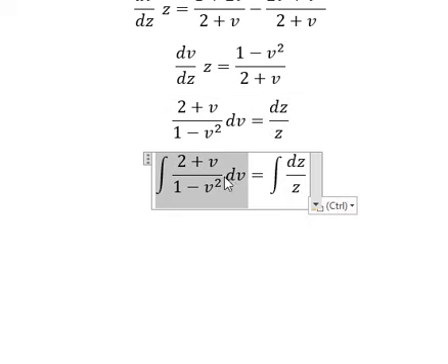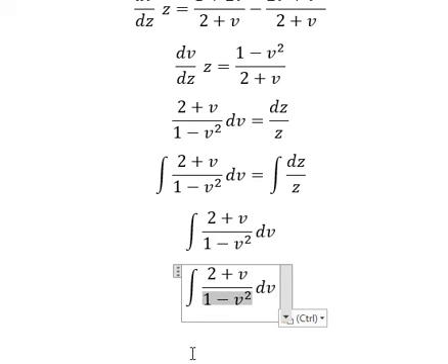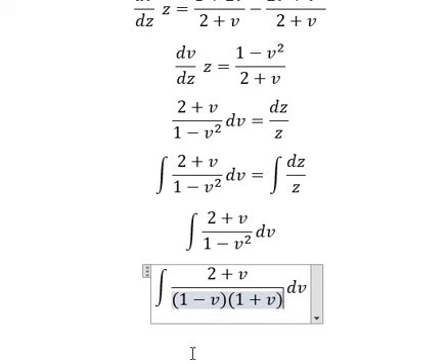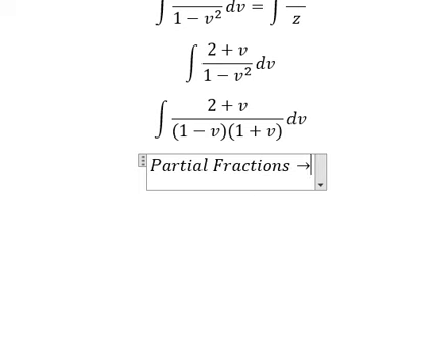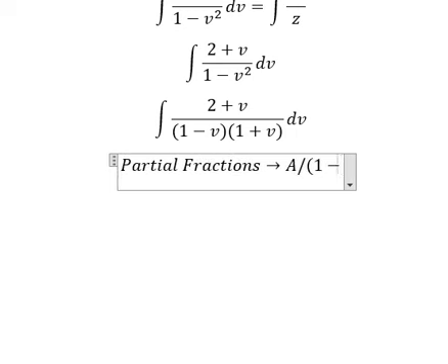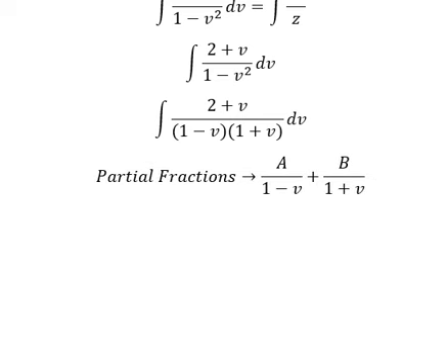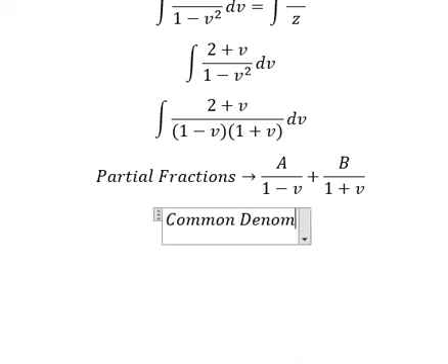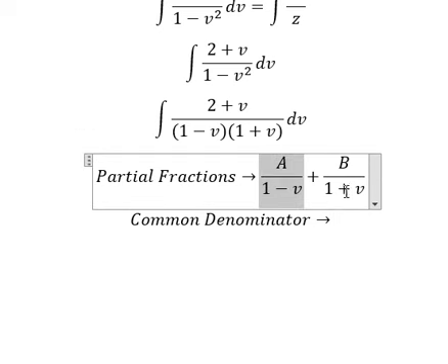Now we need to focus on this one. This one is about identities. So we can use partial fractions. So I will put capital A over 1 minus v and capital B over 1 plus v. Now we can do common denominator. About this one, it is missing 1 plus v.